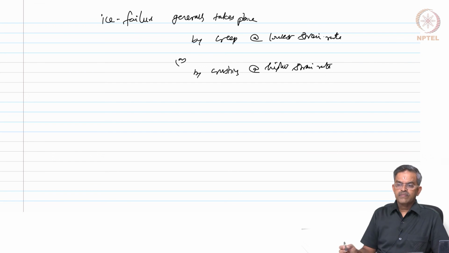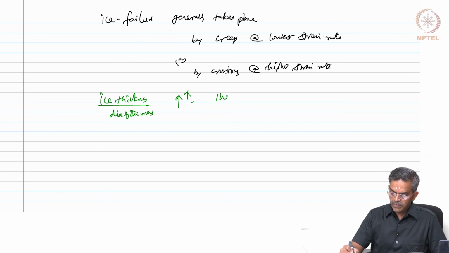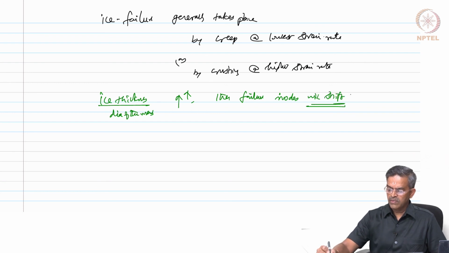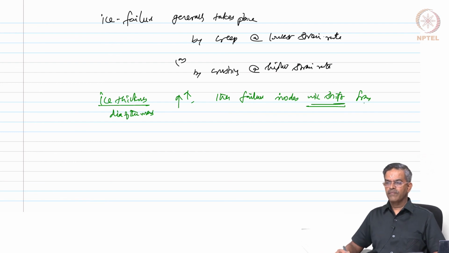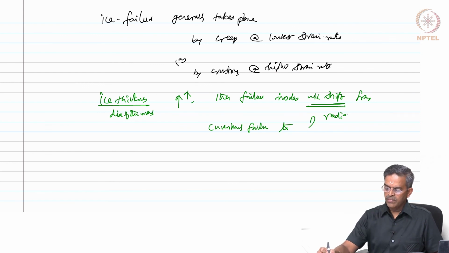So, friends, if the ratio of ice thickness to the diameter of the member is increasing, then the failure modes will shift from conventional failure to radial or circumferential failure.